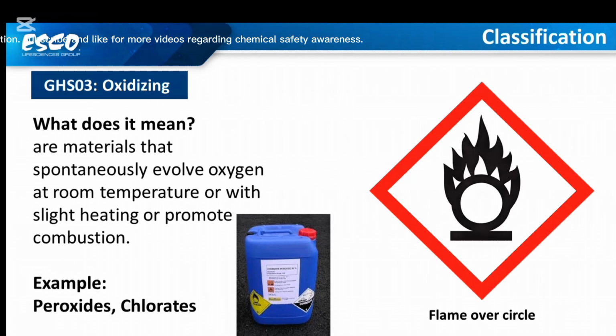Organic and inorganic peroxides could be commonly found in research labs, for example, as polymerization initiators. So the labeling of this chemical family would be a flame over a circle, like you see on this slide.